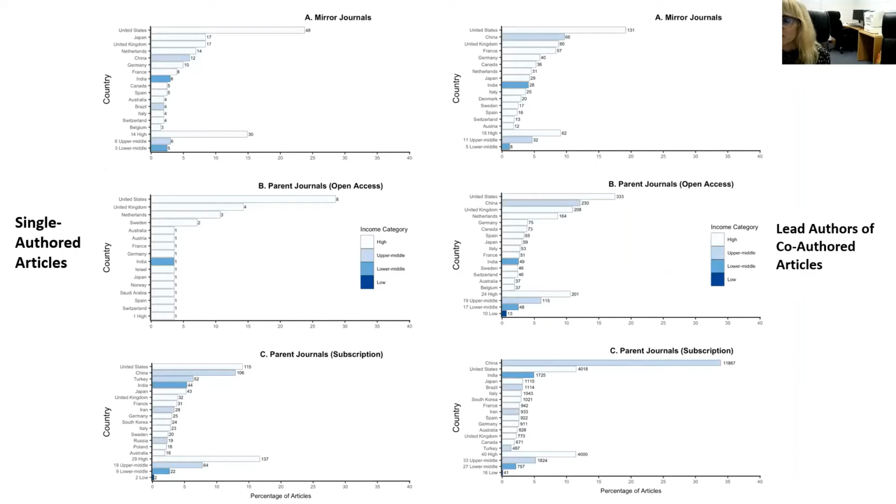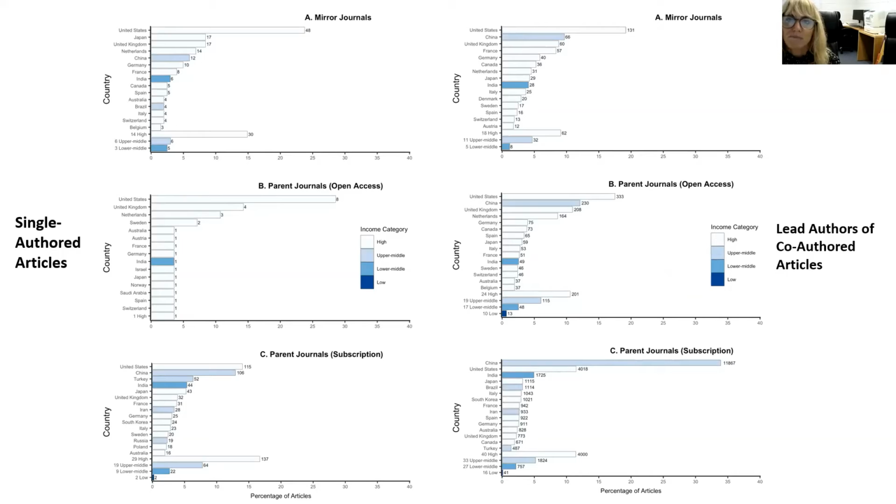These are beautiful graphs that Amelia made. What we're looking at here is the single authored articles and the lead authors of those co-authored articles, and we're using lead author and single author interchangeably. Although the numbers of countries varied quite a bit among the different article types.